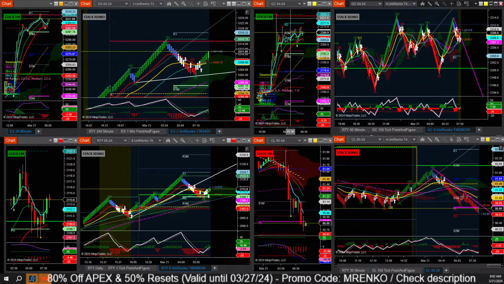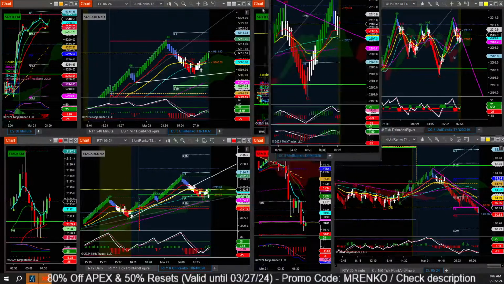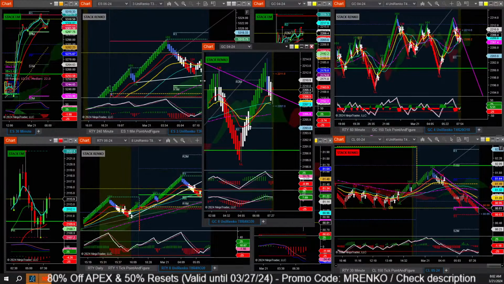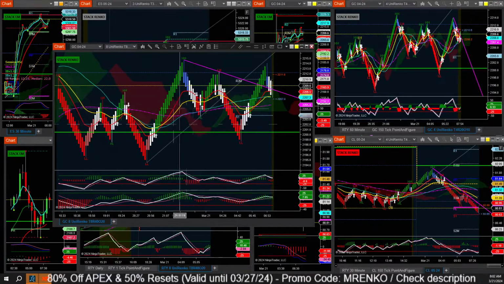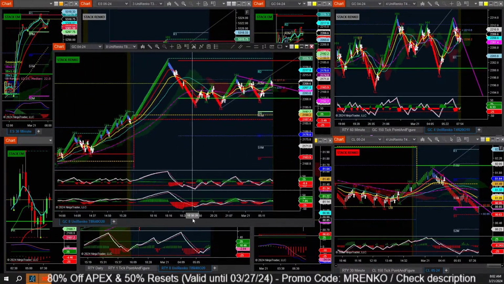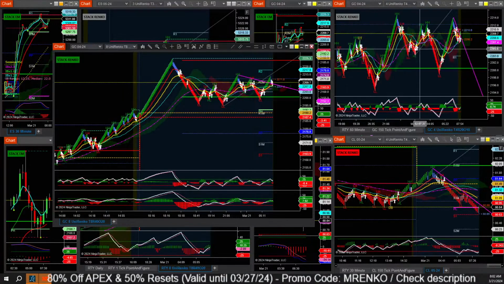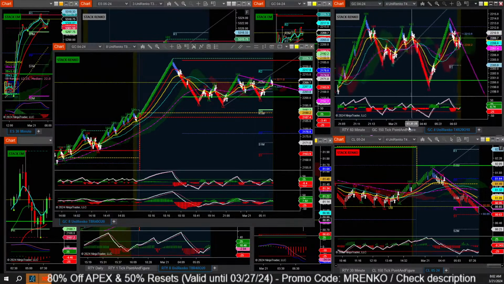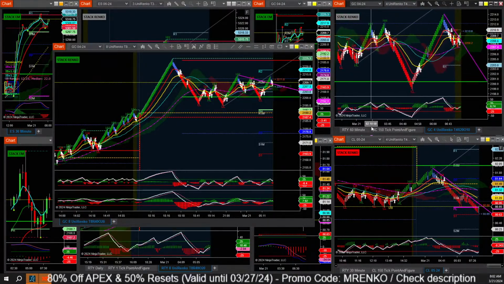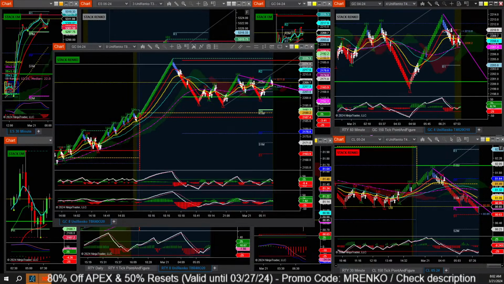Also, I do have double the size in a different monitor. The Renko chart, let me put this one as an example. In a different monitor, I do have double the size of this, so I try to identify what is the tendency on that. But basically, yes, to trigger entries and trigger exits, I use Renko charts.